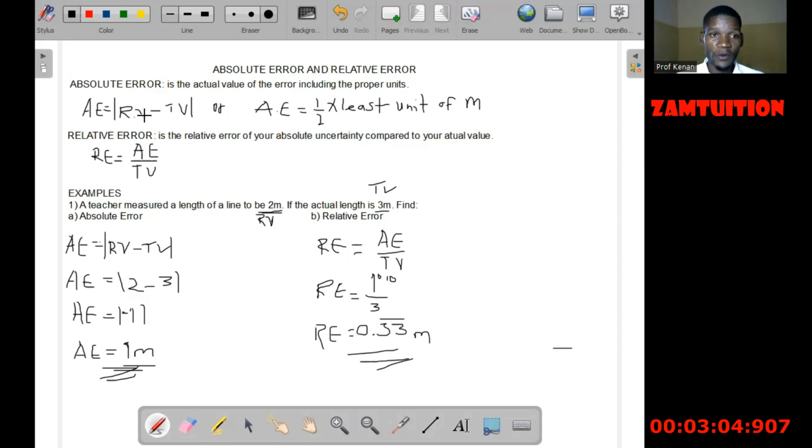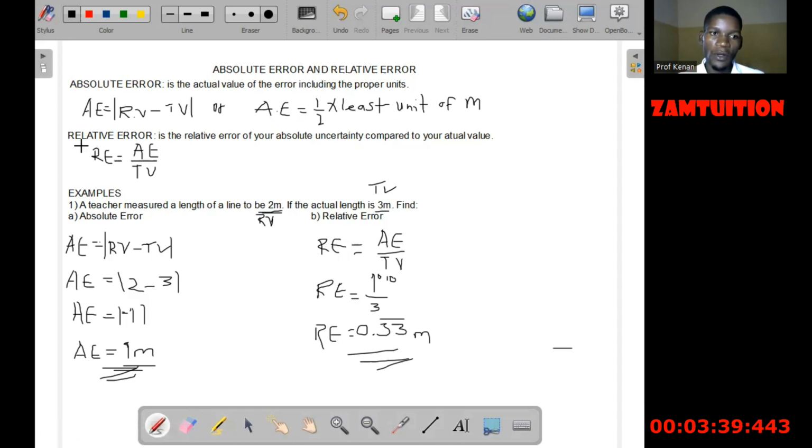That is when you can use the first formula, absolute error is equal to the magnitude of the recorded value take away the true value. And when you've been given one value, which is the least unit of measurement, then you use the second one, half multiplied by the least unit of measurement given in that statement. So that is about absolute error.